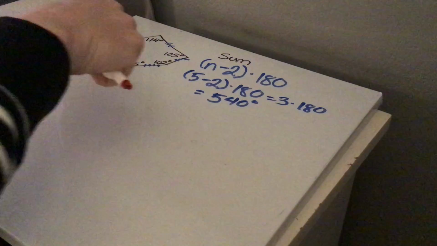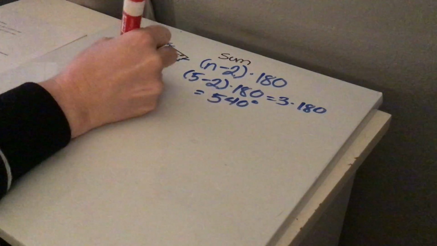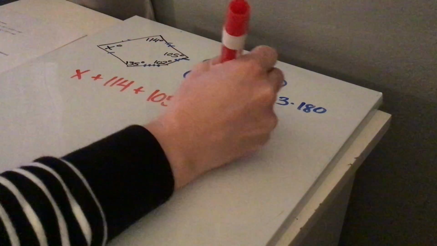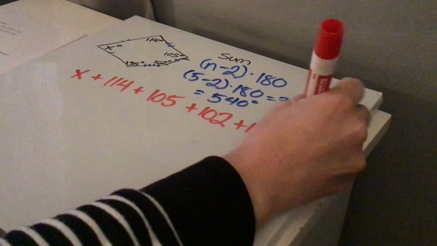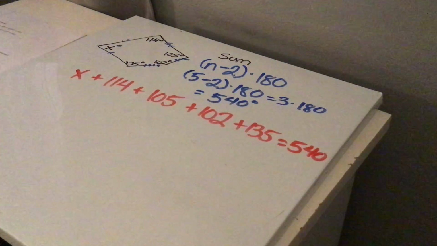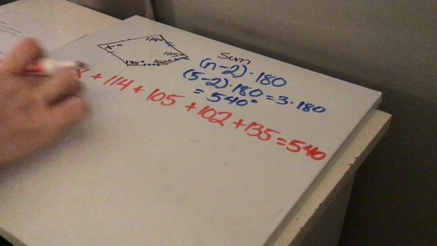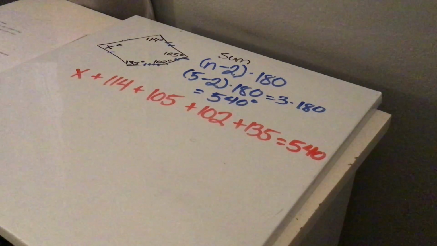Well, the sum just means you take all the angles and add them up. So x plus 114 plus 105 plus 102 plus 135 has to equal 540 because that's the sum, because we know it has 5 sides, and these are all of our angles. So then now it's an equation that we can solve.